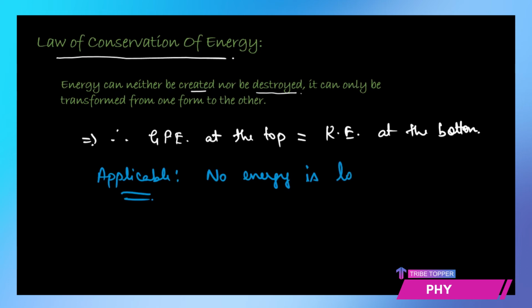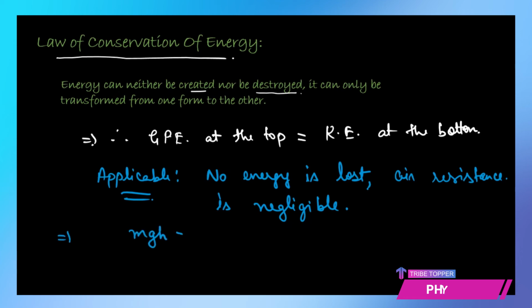Sometimes they will mention no energy is lost directly, or sometimes they will mention that air resistance or drag forces are negligible. So if air resistance is negligible, that automatically tells you that no energy will be lost. So when no energy is lost, the gravitational potential energy at the top should be equal to the kinetic energy at the bottom.